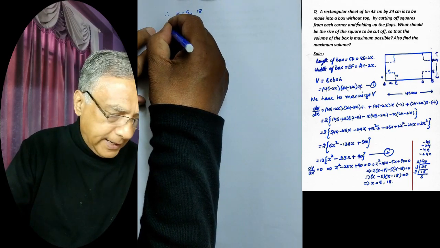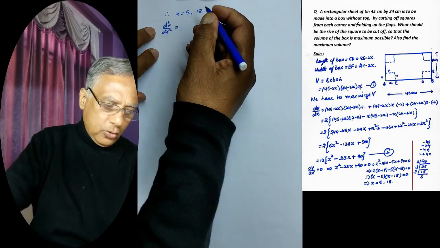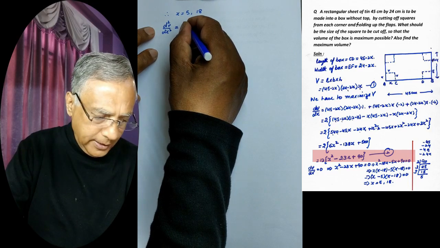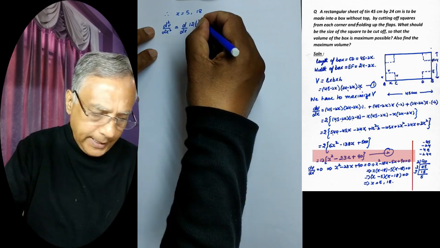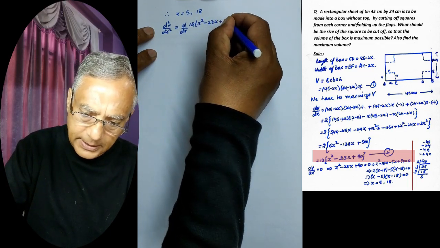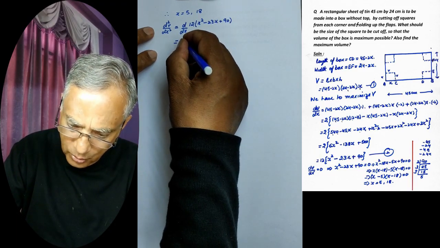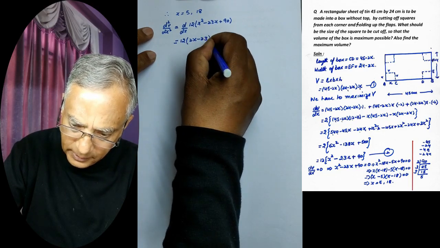Now we find the second derivative, d2v by dx square. This is d by dx of 12 into dv by dx, which is 12 into x square minus 23x plus 90. So this is equal to 12 into 2x minus 23.